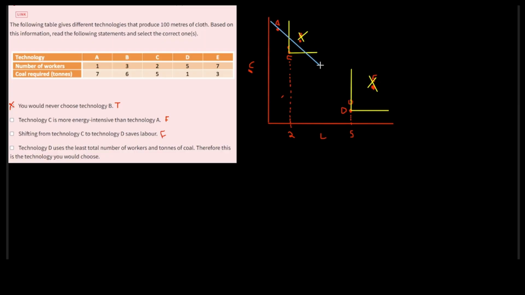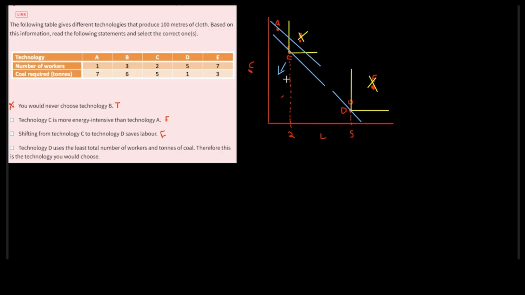We have a downward sloping A, a downward sloping C, and a downward sloping D. In this case, C is the closest to the origin, so C is the lowest isocost, and thus would be the technology chosen in that case.